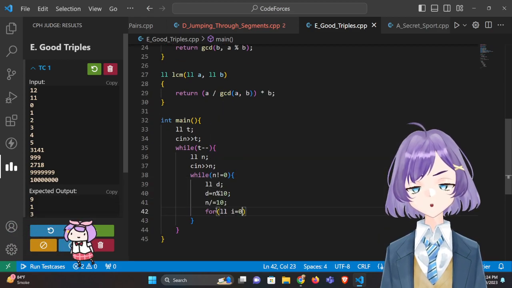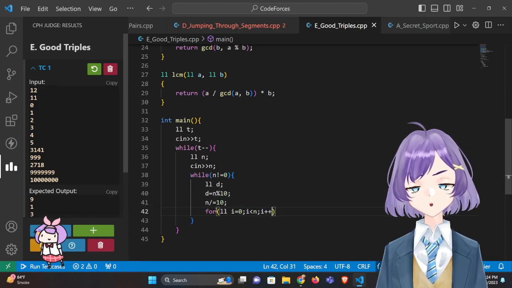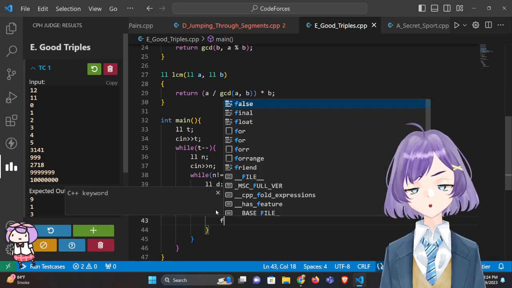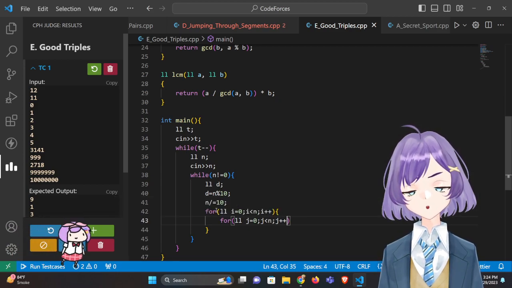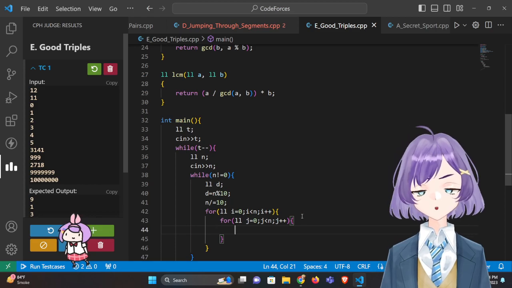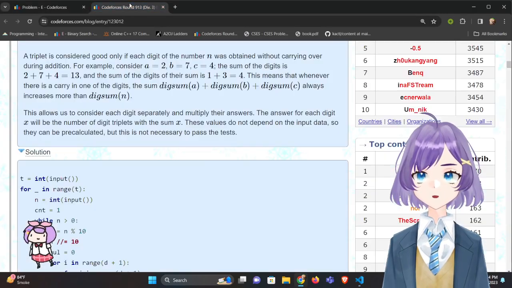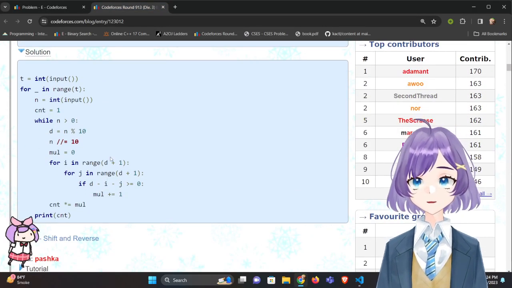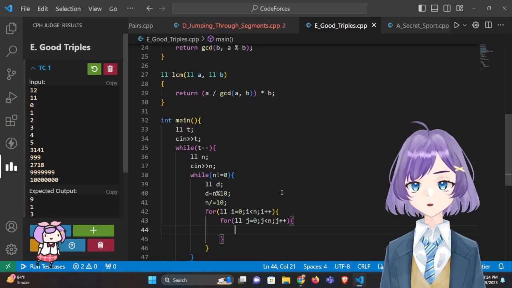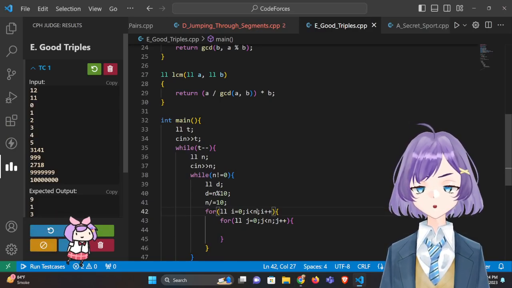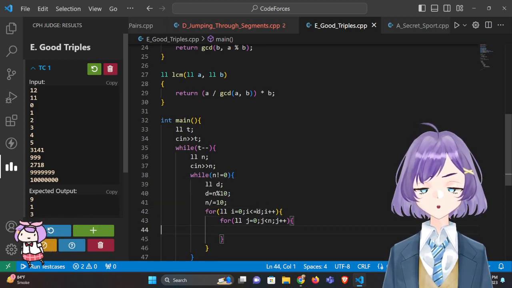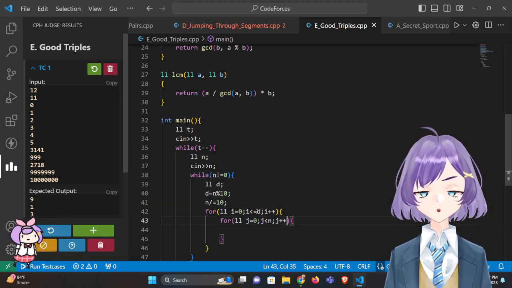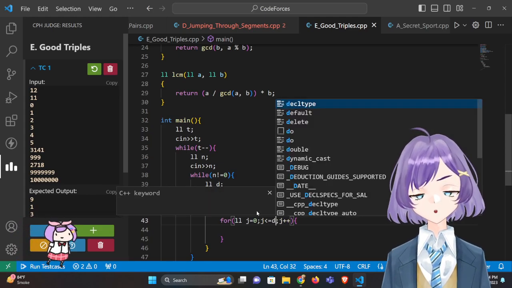For long long i equals 0, i is less than n, i plus plus, for long long j equals 0, j is less than n, j plus plus. It will be from 0 to d plus 1, from j equals 0 to j equals d.